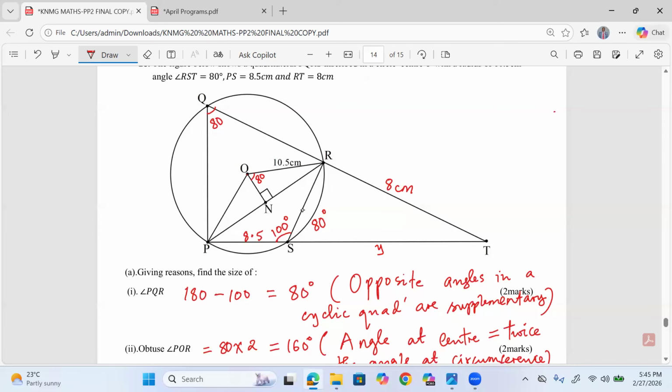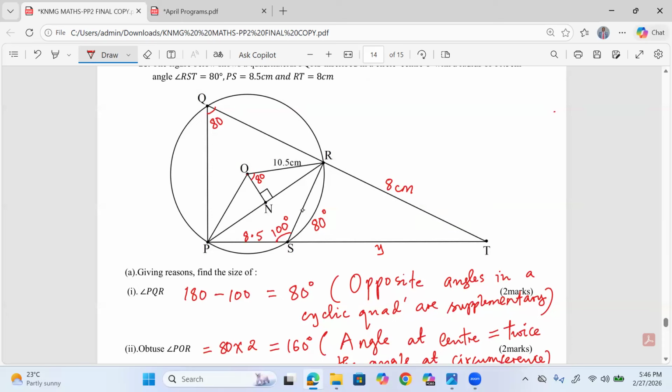So we can first of all find the length PR, which is the same as PQ. Can we find PR? Yeah, let's find PR.